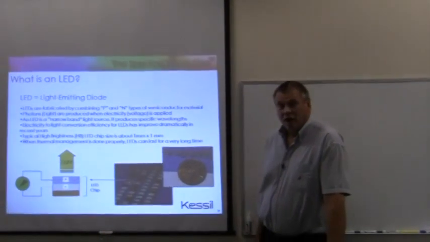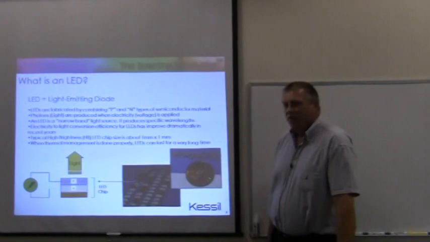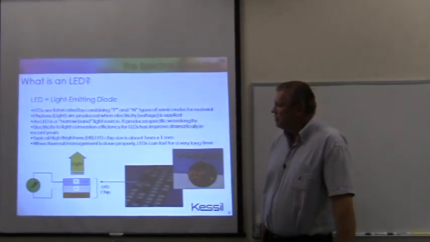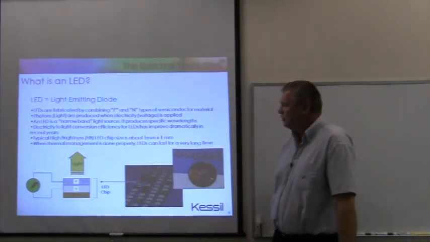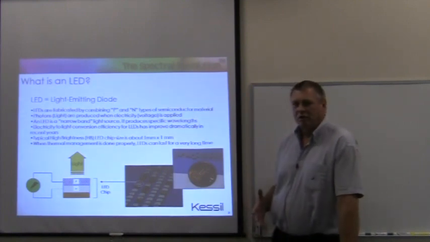LEDs have been around for a long time. They were invented decades ago. But throughout the years, and especially in recent years, there have been tremendous and dramatic improvements in the efficiency that LEDs have at converting electrical energy to light energy, and also in the amount of brightness that a single LED chip can produce.